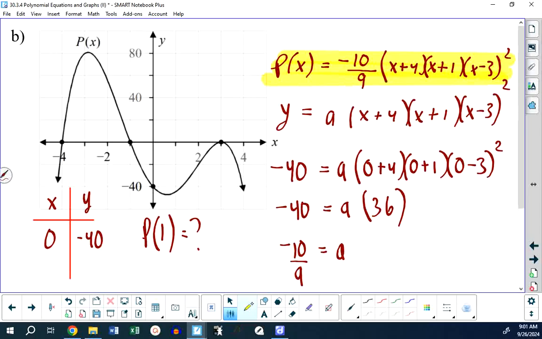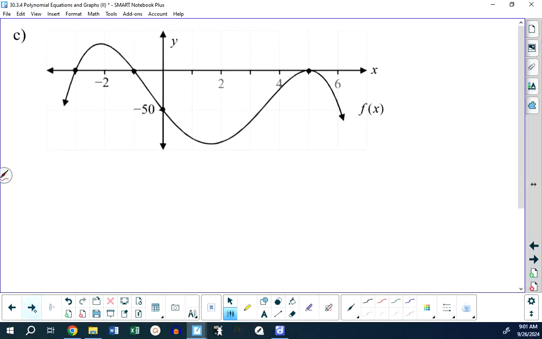This is mainly what the lesson is about. If I ask you for the equation of this polynomial function, your general template is going to be P of x equals A multiplied by all of the factors that we can tell exist based on the shape of the graph, which has to do with multiplicity, and the x-intercepts.